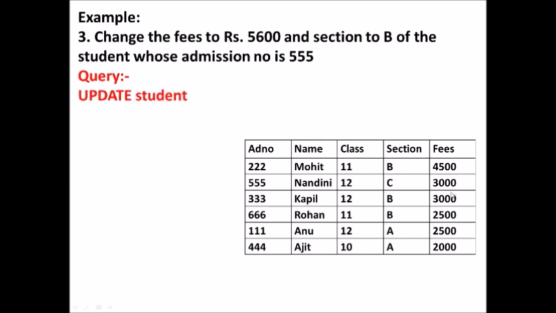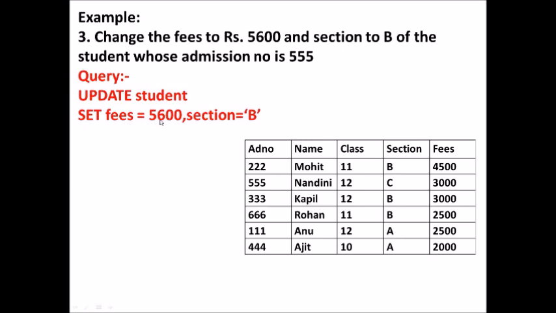The query will be update student. So update is always followed by the name of the table. So the name of the table is student. And set. Then in set, what do we want to change? We want to change fees as well as section. So you can write them in any order. Fees is equal to, what is the value of fees given? Now don't use the rupees sign here. You write only the numeric value, because fees is a numeric column.